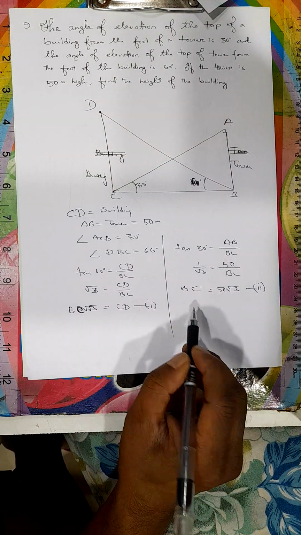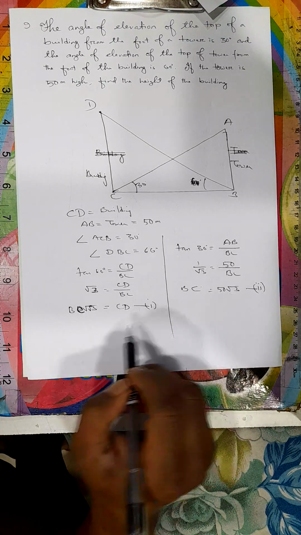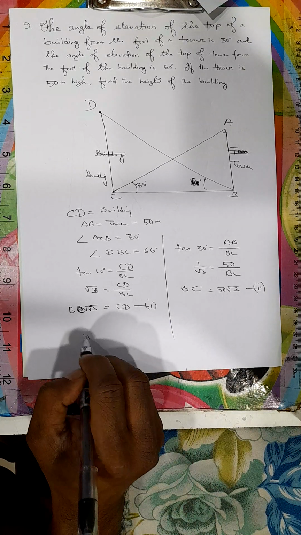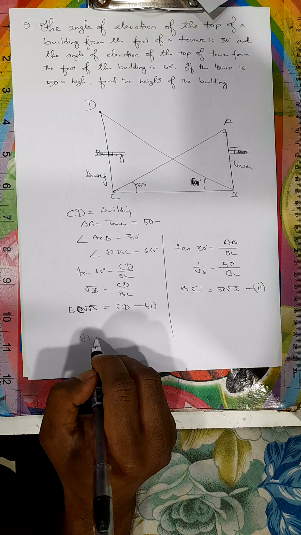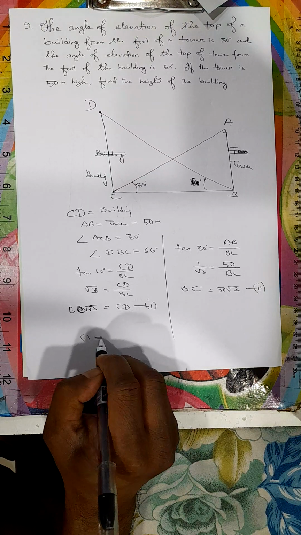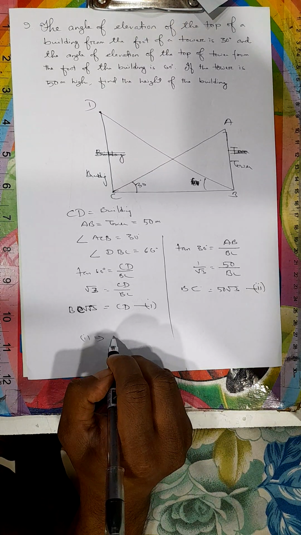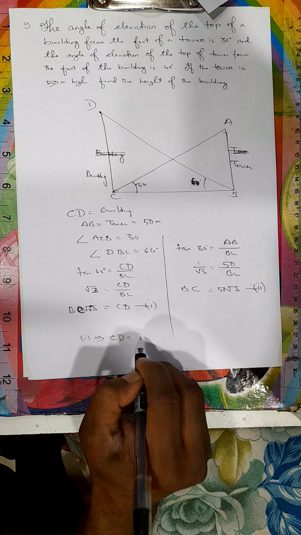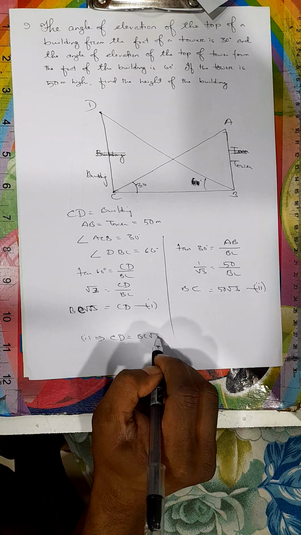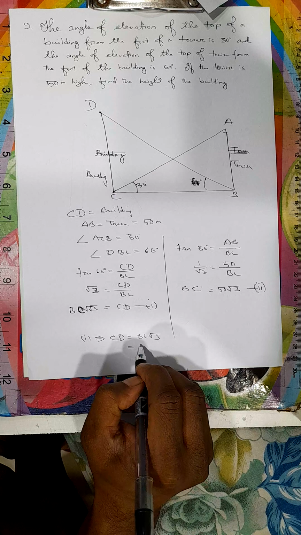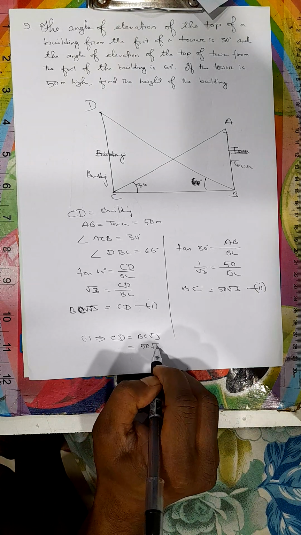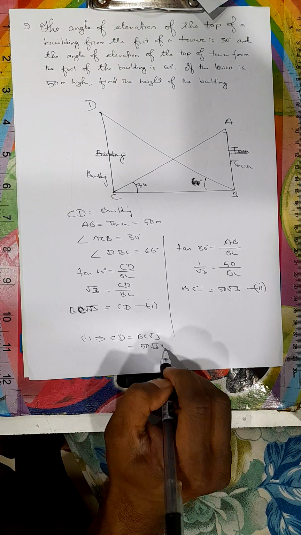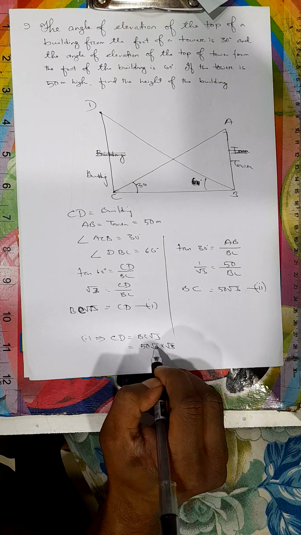Now using the value of BC in equation number 1, we can derive CD. Therefore equation 1 gives CD equal to BC root 3. BC means 50 root 3 multiplied by root 3.